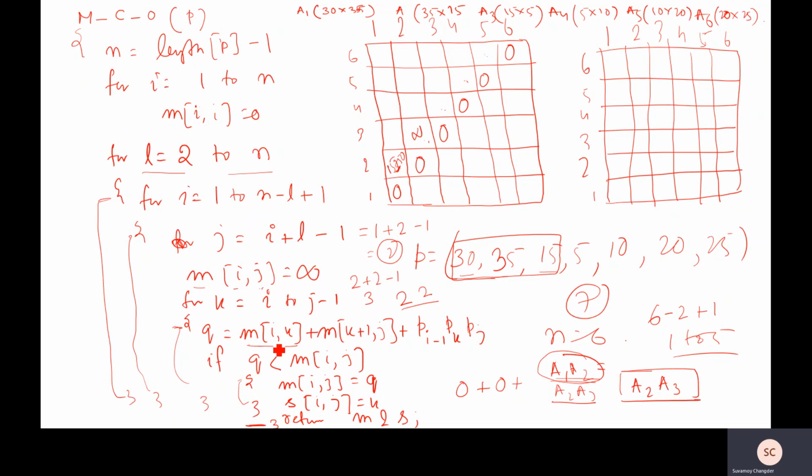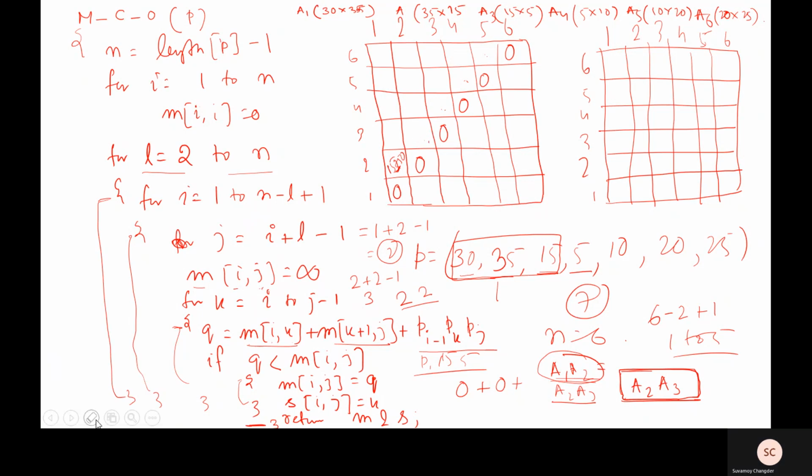Here m[i,k], so i is 2, k is also 2, m[2,2] equals 0 plus m[3,3] equals 0, and we have the option to multiply p[i-1], that is p1 35, p2 15, p3 5. So we need to multiply 35 into 15 into 5, which gives the number of multiplications required to multiply A2 and A3, and this value obviously is less than infinity.